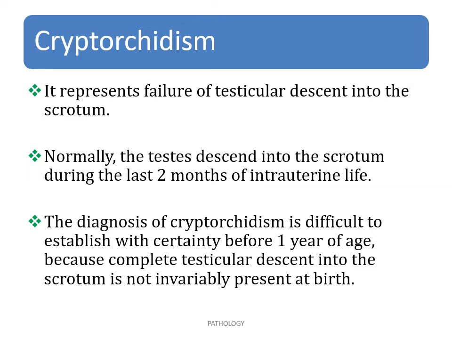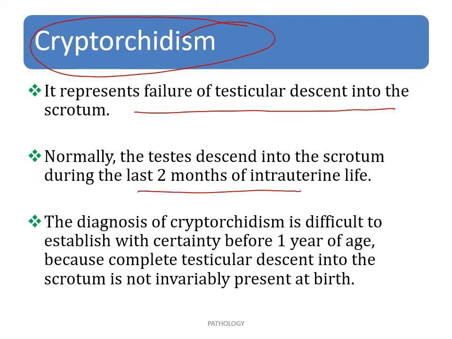Generally, cryptorchidism, which is an undescended testis, represents the failure of the testis to descend into the scrotum. Normally, the testes descend during the last months of intrauterine life.